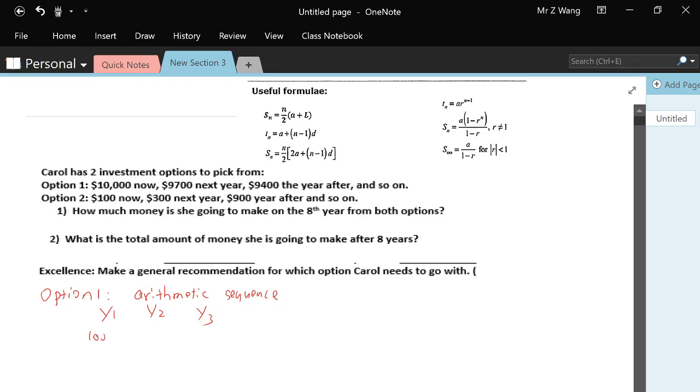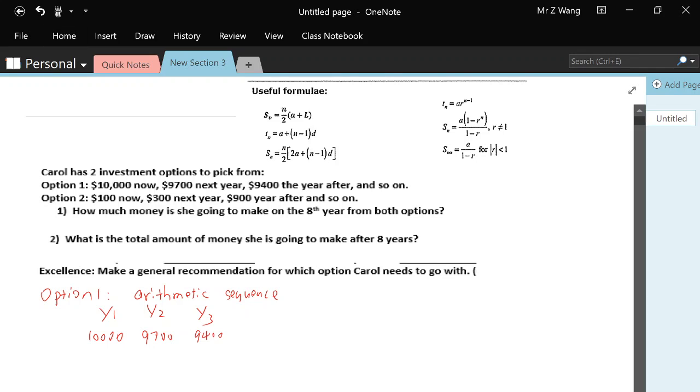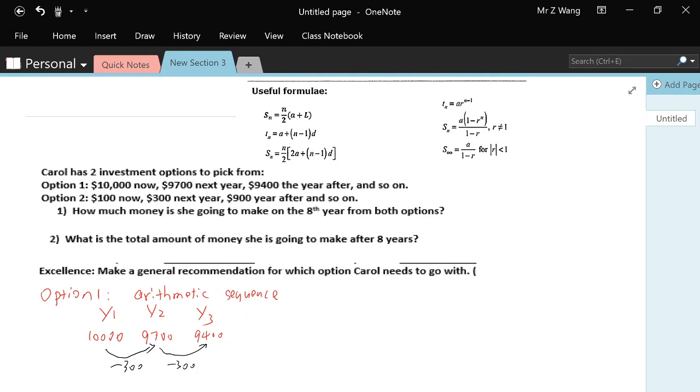Year one, you have 10,000. Year two, you have 9,700. Year three, you have 9,400. The interesting thing is you are decreasing it by 300 every time. It's addition or subtraction, adding or minusing.